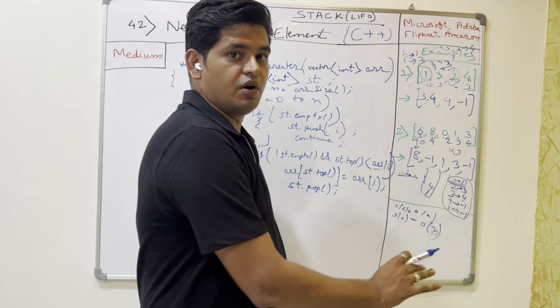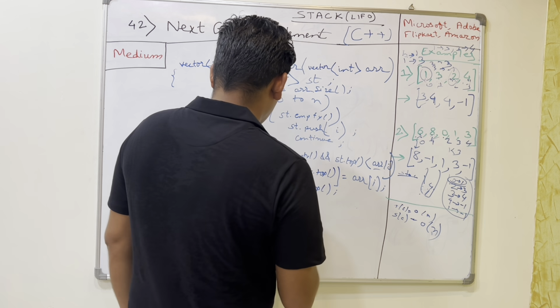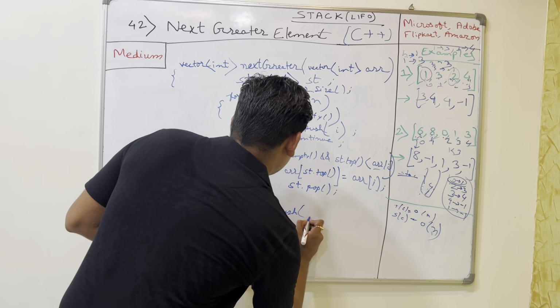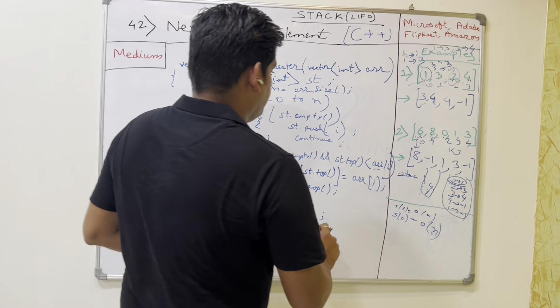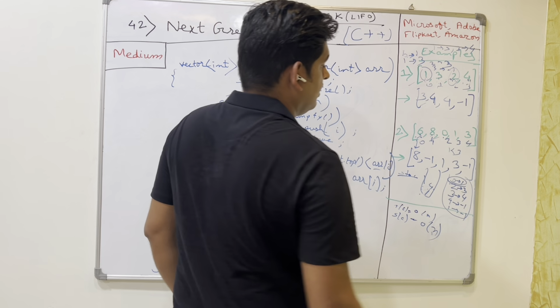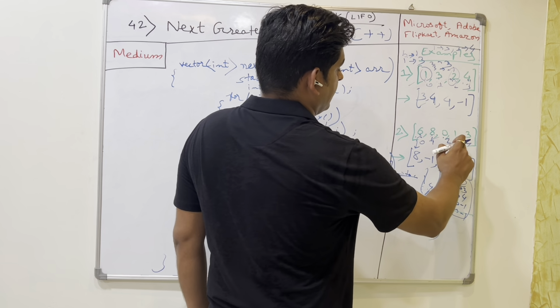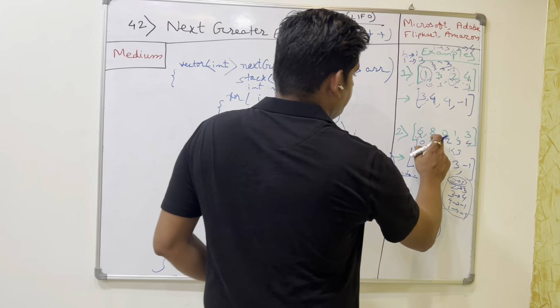We inserted 0 as well in the stack, so we will push the element anyways. After we are done, we are pushing the position. But when we got 1, then we checked with 0 if it is greater. Then we made this position, but then again we need to check for 8.